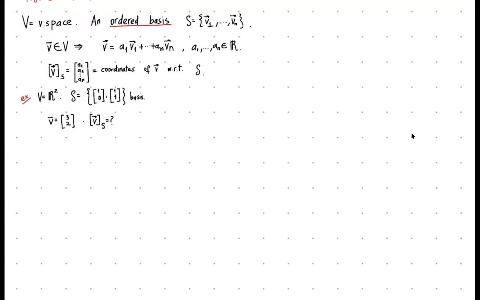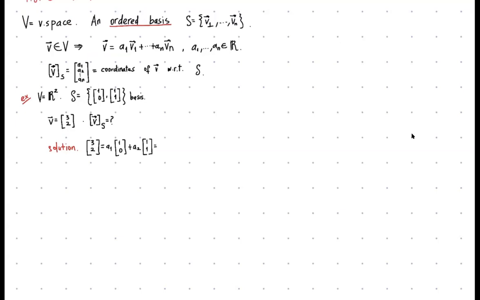The solution is like this. Let's write the solution. We write the vector (3, 2) as a1 times (1, 0) plus a2 times (1, 1), right? And this is a very easy equation to solve.